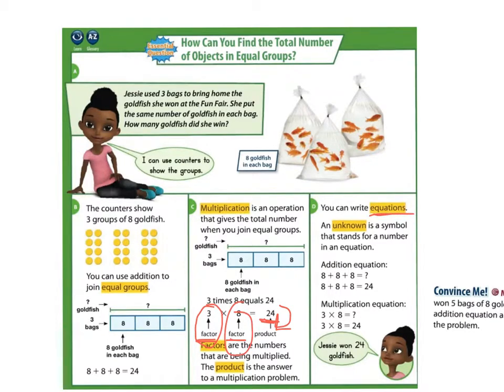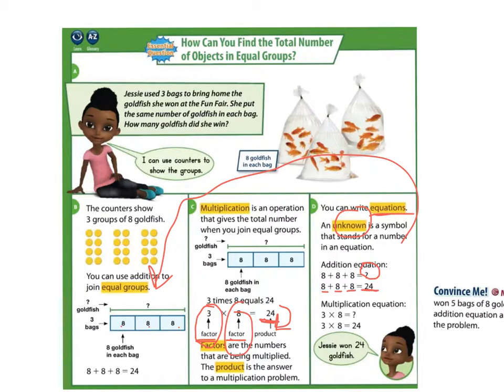An unknown is a symbol that stands for a number in an equation. When we look back to our initial problem, we knew that we were putting 8 plus 8 plus 8 together, but until we solved it, it was an unknown answer. We make it an equation by answering that unknown, by adding 8 plus 8 plus 8.